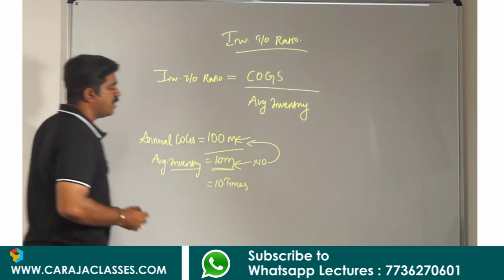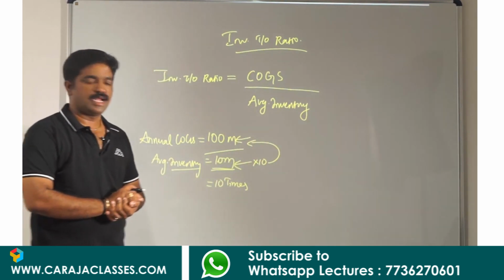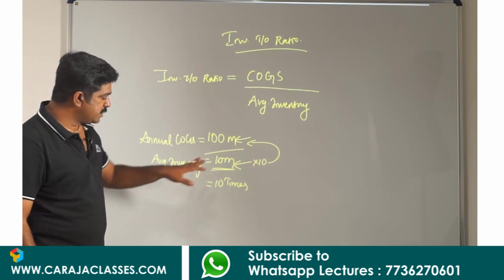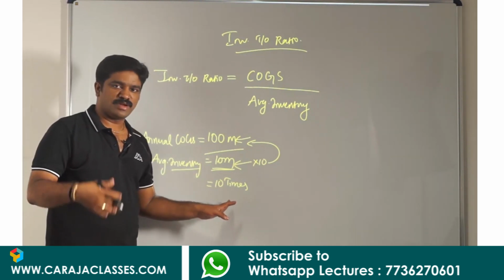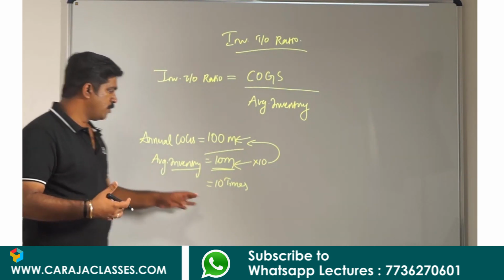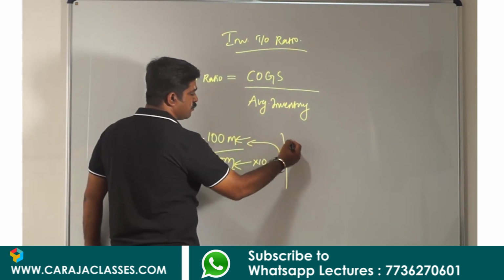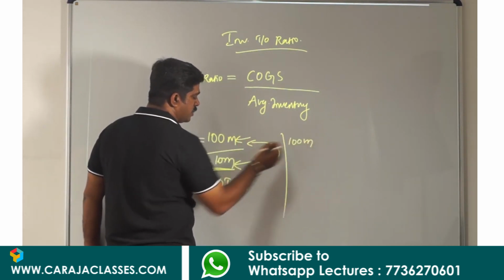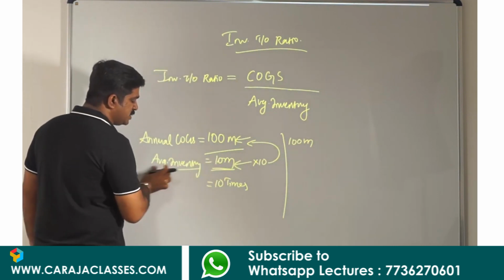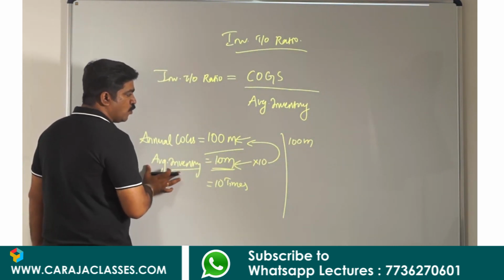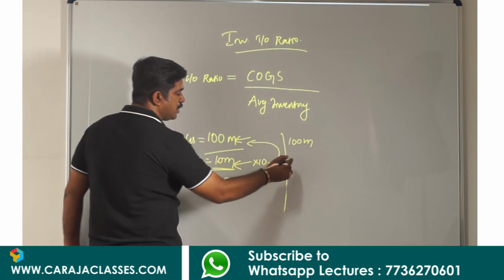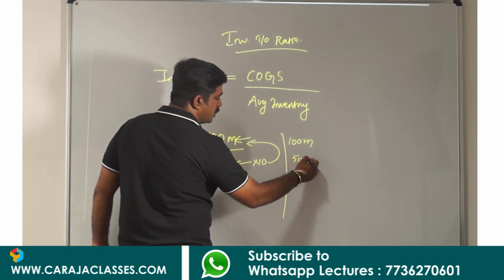Probably this figure standing alone will not communicate anything serious, so let me give you some more numbers. Let's say the annual cost of goods sold is 100 million, and the average inventory they keep is 50 million.